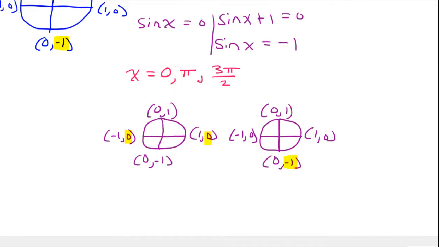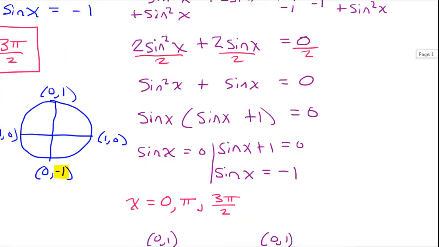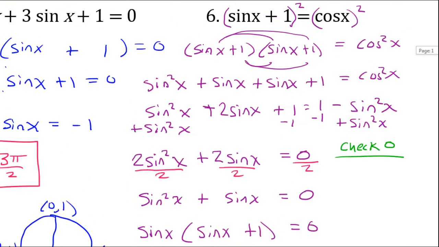Let's start with 0. Let's just check each of these one at a time. I might have to erase over and over again. So let's start by checking 0. What would that look like? Looking back at our original equation, if I plug in 0 in both places, that's going to give me sine 0 plus 1 is equal to cosine 0.